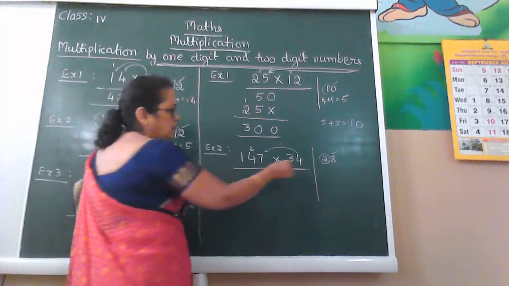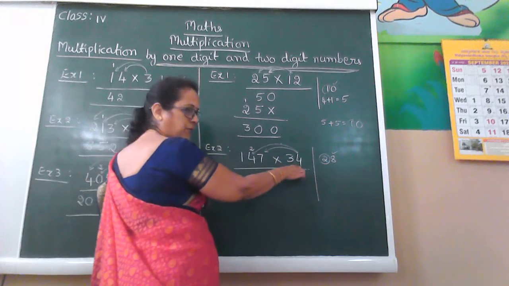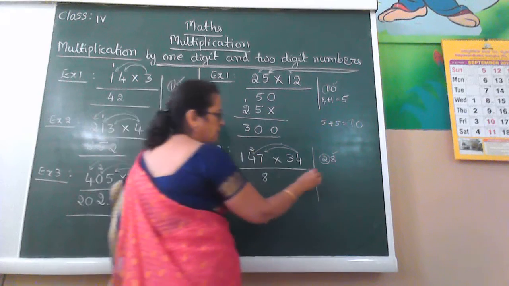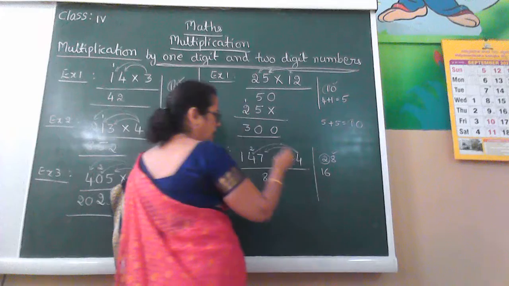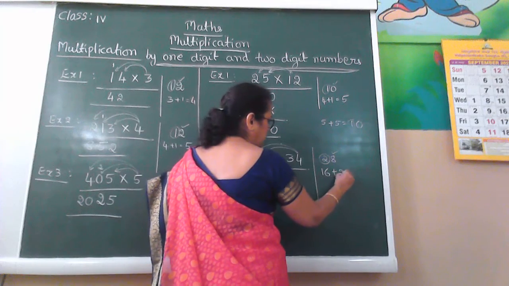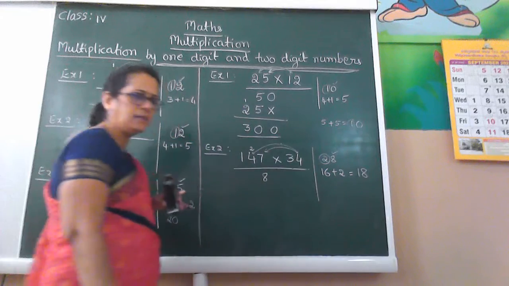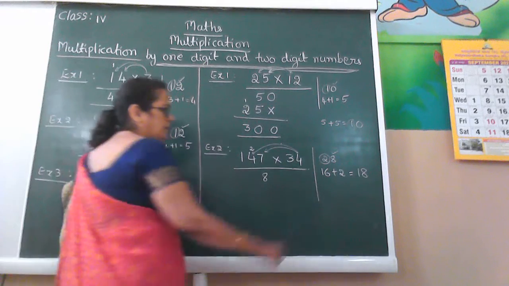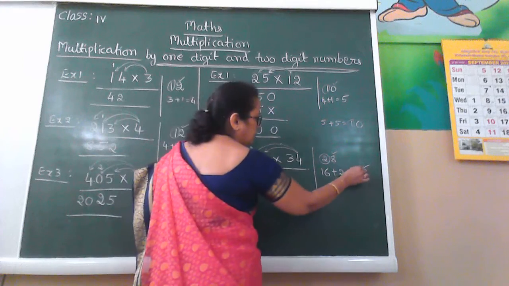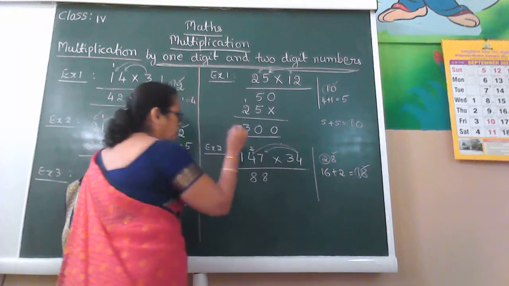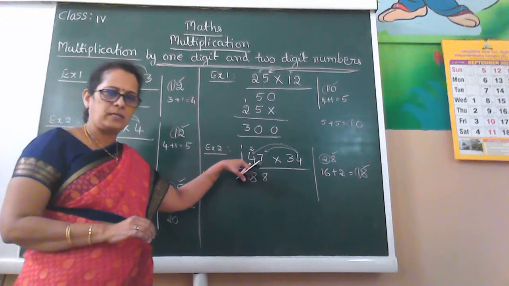Now 4 fours again. You multiply with the same 4. 4 fours are 16. And above you have a carry, so 16 plus 2 is 18. Write this 8 here and give carry 1 above, which is in the hundreds place.